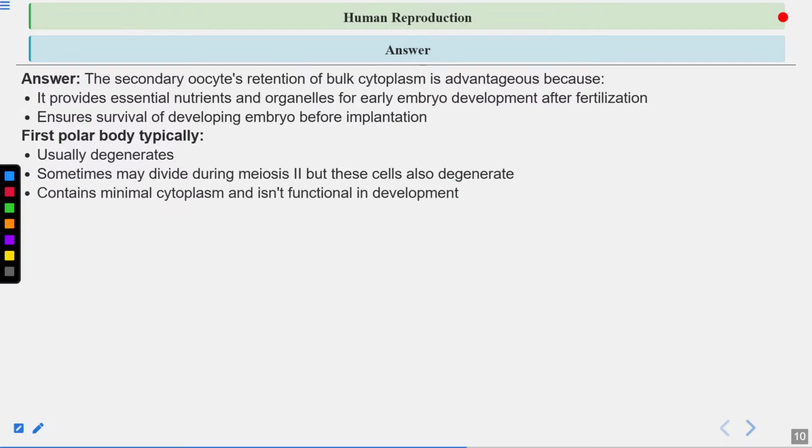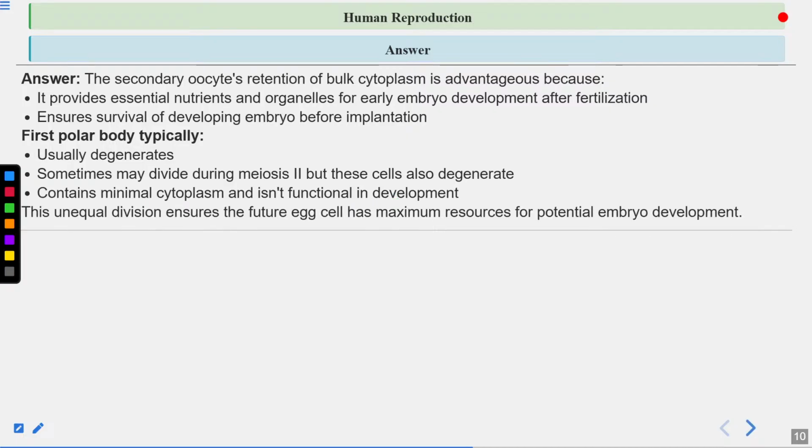These polar bodies contain minimum cytoplasm, and that's why they are not functional. Now, this unequal division ensures the future egg cell has maximum resources for potential embryo development. Clear?